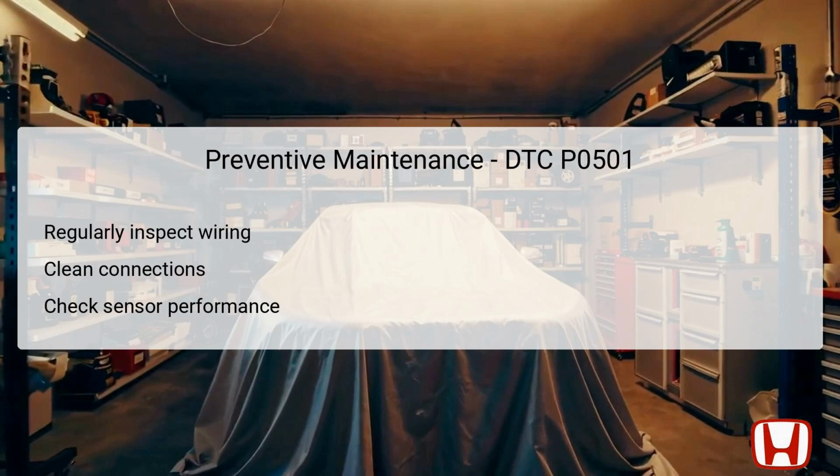Moreover, routinely cleaning electrical connections is essential to minimize the risk of corrosion, which can impede signal flow. Ensuring that the CVT speed sensor performs within specification by conducting periodic checks can keep the transmission functioning correctly. Preventative measures like these not only extend the life of the sensor, but also enhance overall vehicle reliability.